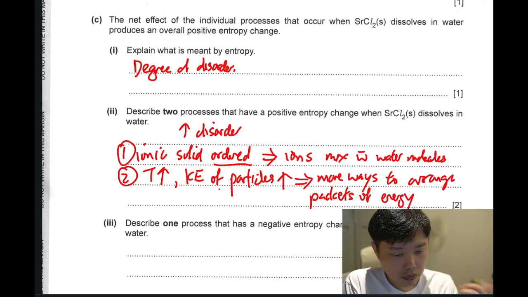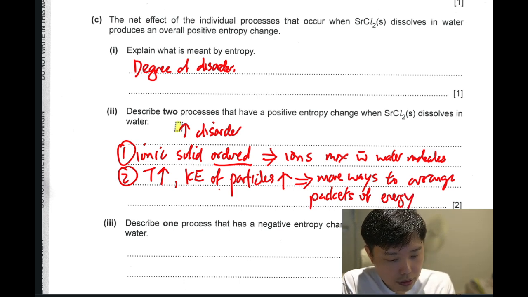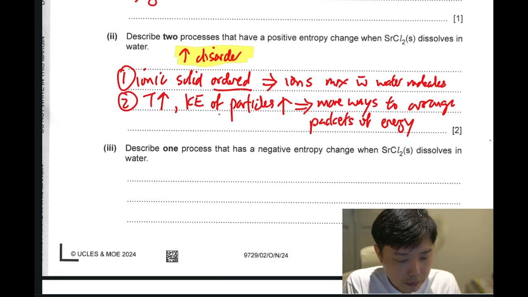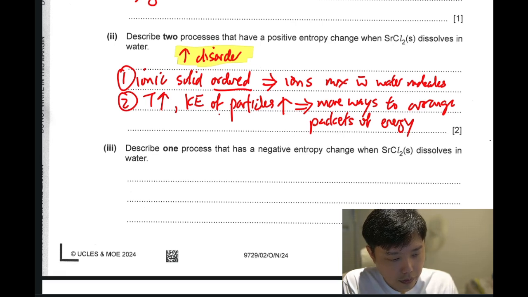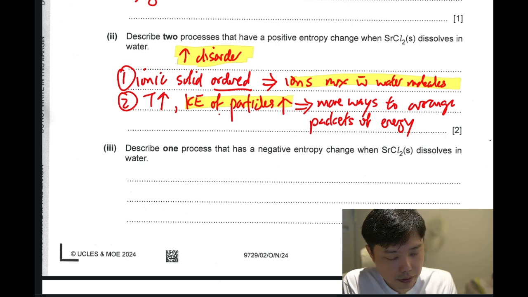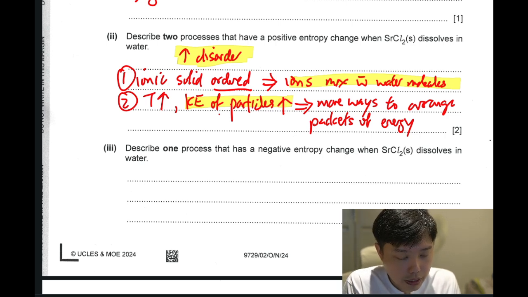So your level of disorderliness increases. All right, so these are the two processes that have positive entropy change. Okay, mixing of ions with water, and second, increase in kinetic energy of particles. Both of these increase your entropy, positive entropy change.